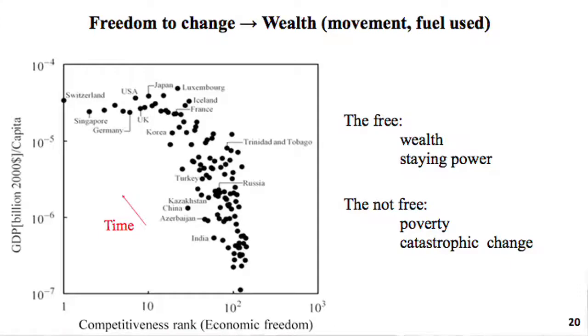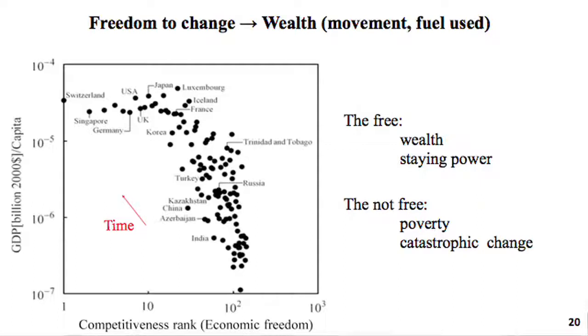A final way of looking at the same world picture is this one. I showed you on the vertical the wealth per capita. And on the abscissa, I plotted the index of economic freedom, or the competitiveness rank. And this alternative view of the world reveals another important pattern.